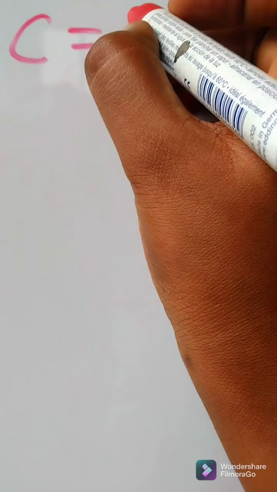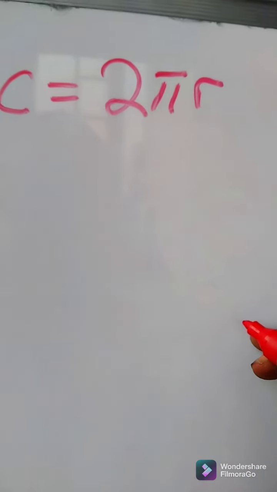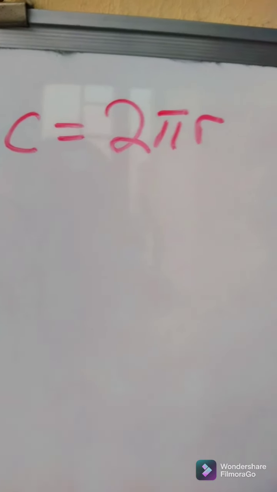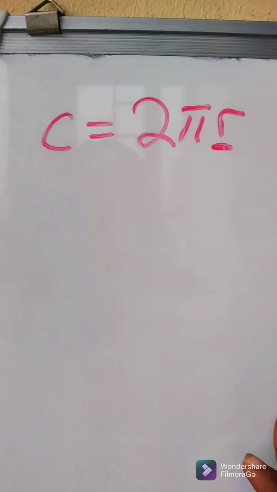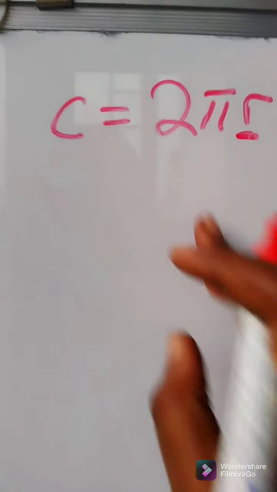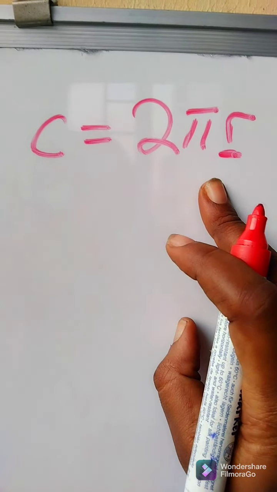Our second example is we're given a function C equal to 2 pi r. Now let's make r the subject of the formula. Okay, so now remember this is a multiplication operation.